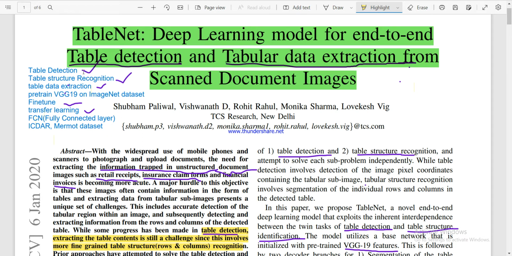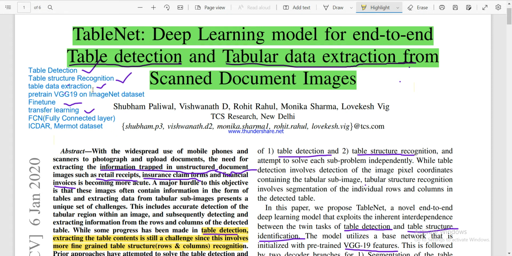So a huge amount of progress has already been made in table detection, and if we talk about table structure recognition, there is also nice progress there.